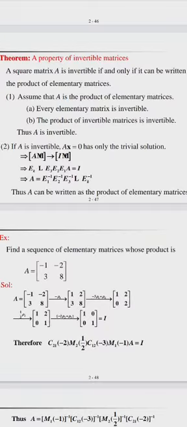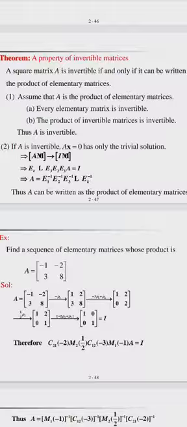For the proof of the if and only if condition, first assume that A is the product of elementary matrices.